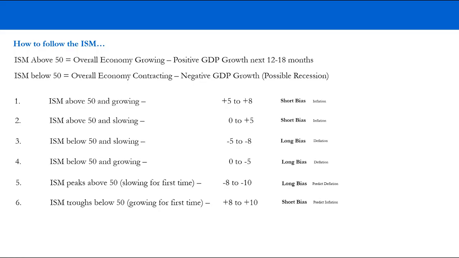So month on month, it might go from 51 to 51.5, 52, 52.5, 53, 54, and it might go up to the low 60s. And it might take 2 years to get there, 3 years to get there. Now, if the ISM peaks above 50, it means that it's got to the highest point and then it's gone lower. And going lower for the first time.